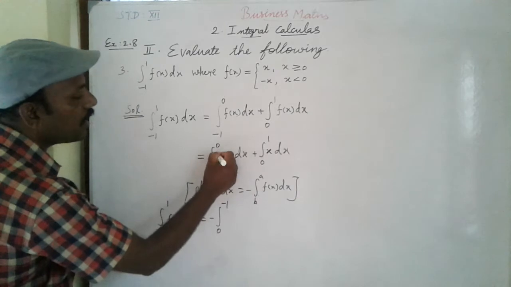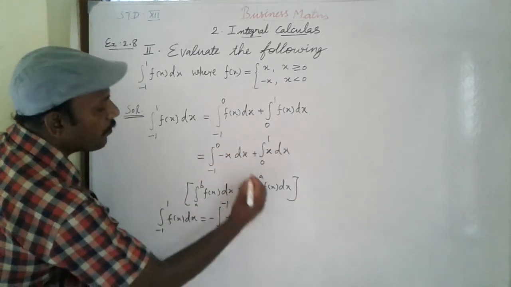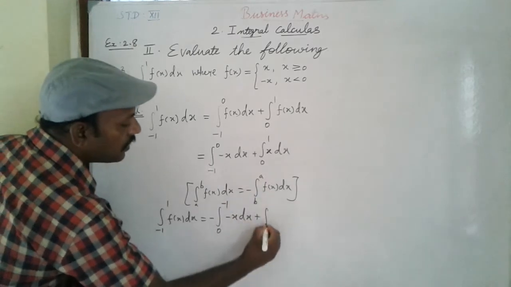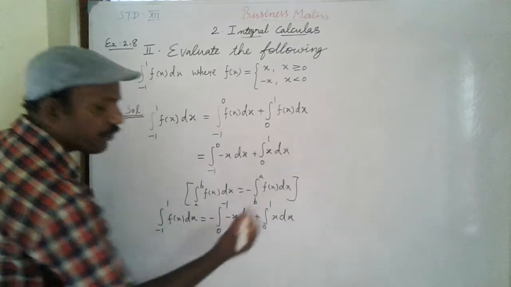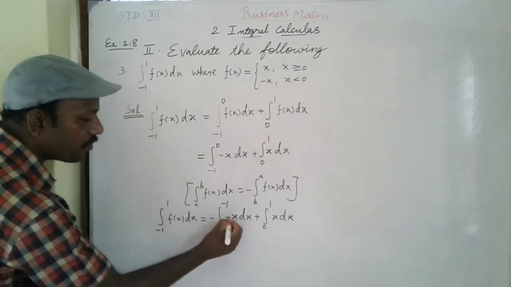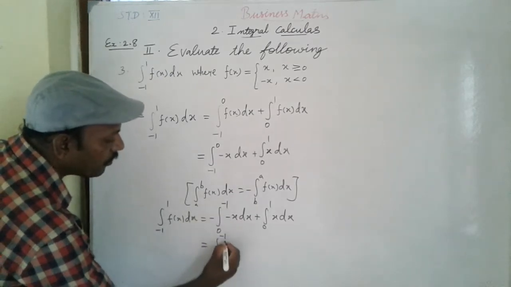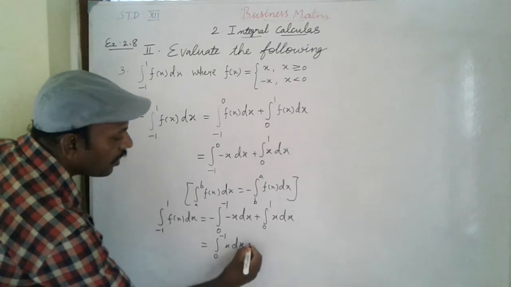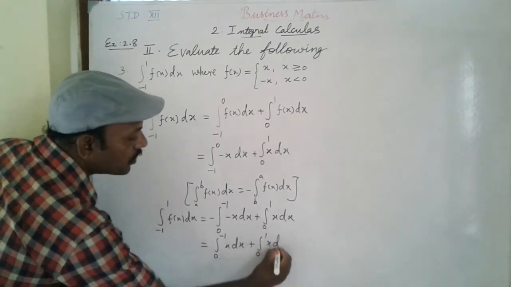So we take the function, which is minus x dx, plus the integral from 0 to 1 of x dx. Next, taking the minus out, minus into minus is plus: the integral from 0 to minus 1 of x dx plus the integral from 0 to 1 of x dx.